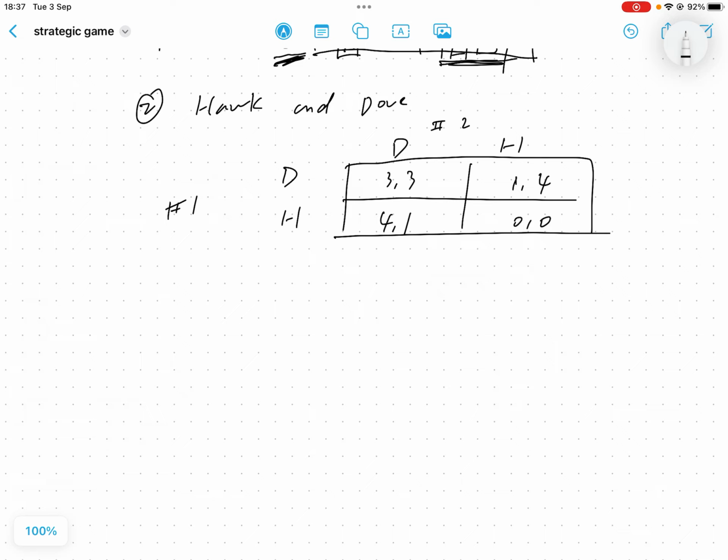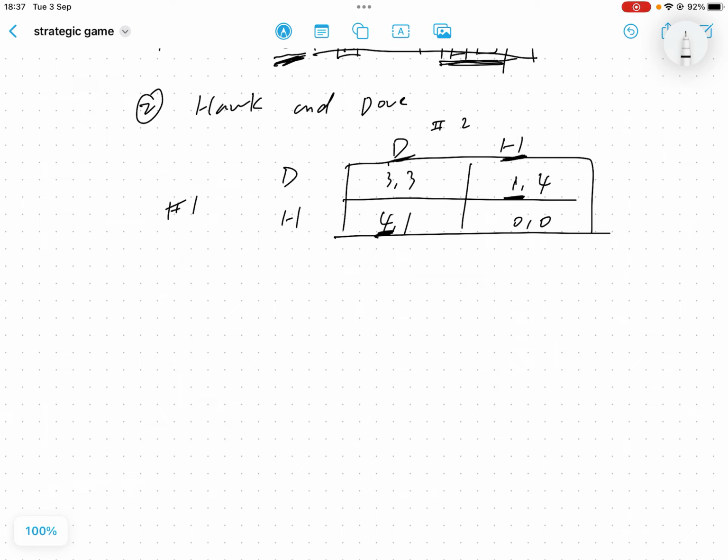So if player 2 is playing D, then player 1 is playing H to get 4. But the difference between this example and the previous one is that if player 2 is playing H here, then player 1 is choosing D.